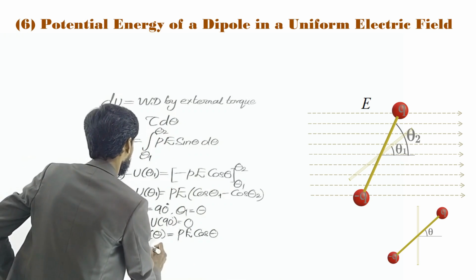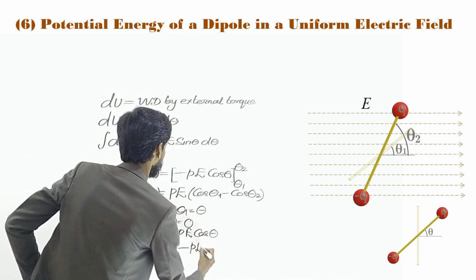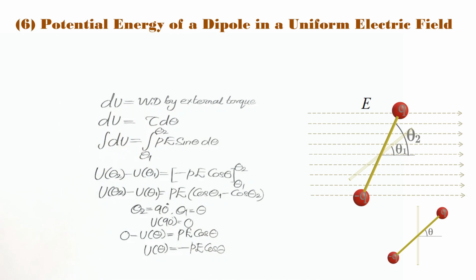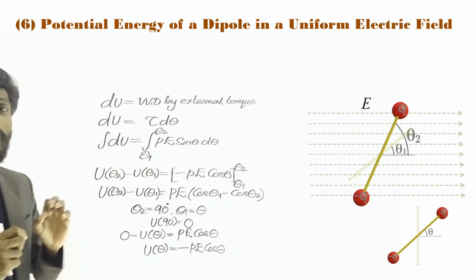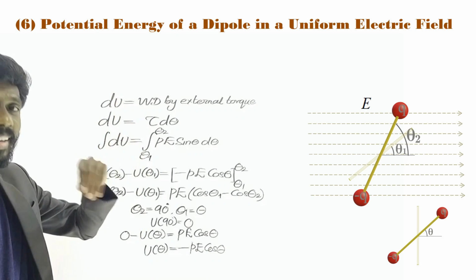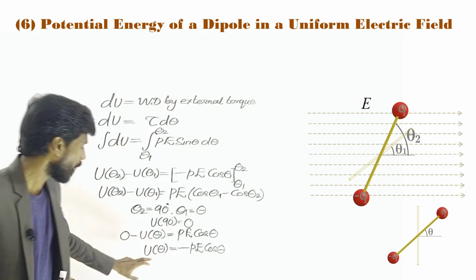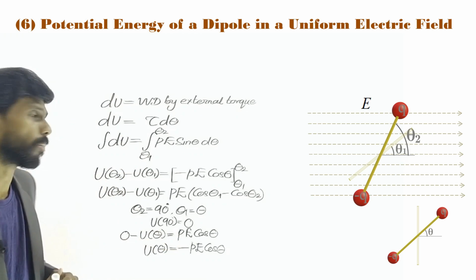So the potential energy when the angle is theta equals minus P E cos theta. This is the potential energy when the dipole makes angle theta, assuming the potential energy is 0 when it is perpendicular at 90 degrees. Do you understand?